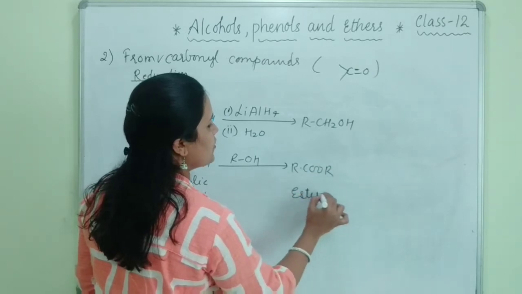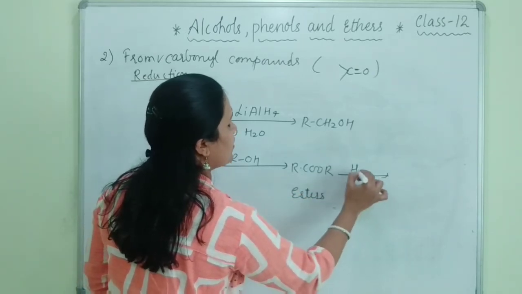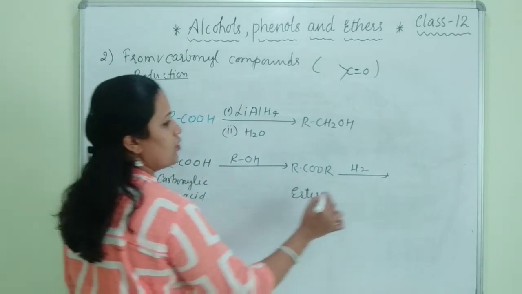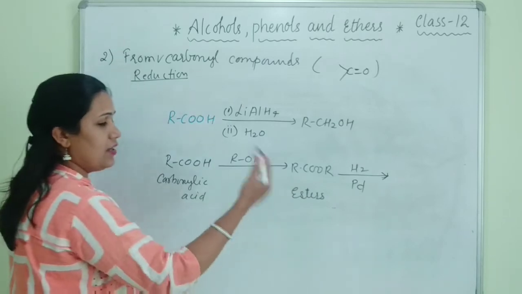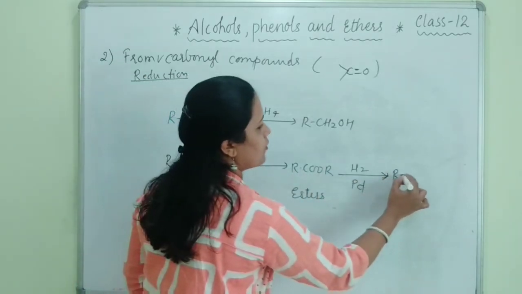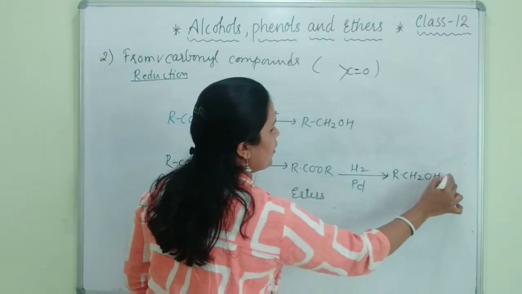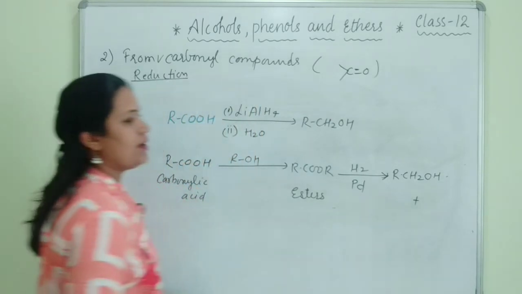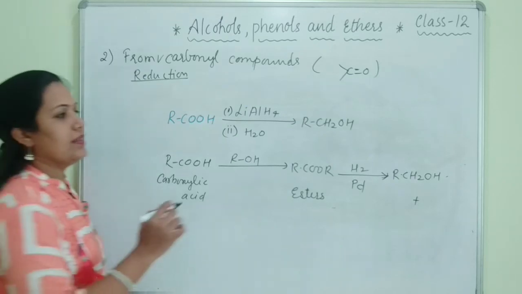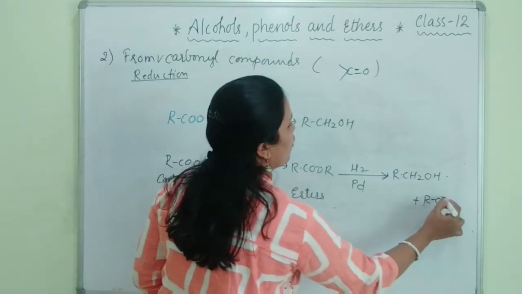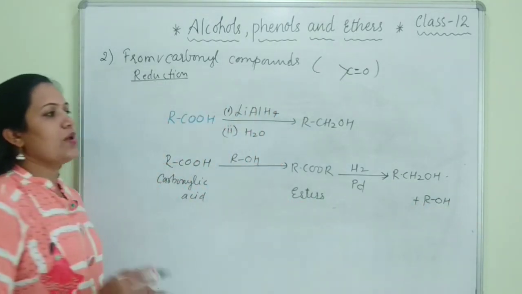These are the esters. So esters on reduction with platinum, palladium, or any reducing agent can convert into RCH2OH, and at the same time we get another product also, and that would be ROH.